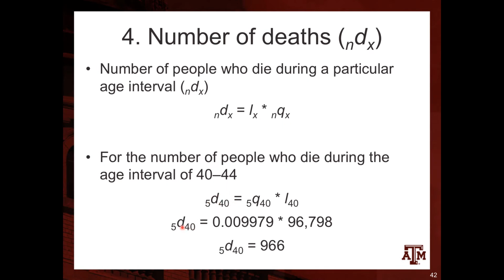The number of people dying between the ages 40 to 44 equals the probability of dying in that same age group times the number of people who were alive at the exact age of 40. So the number of people dying in that specific age group equals 966, using the example from the previous table for the US in 2010.